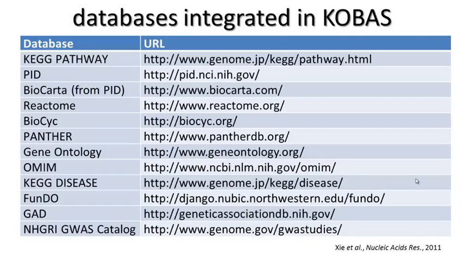It incorporated data from not only KEGG, but also PID, BioCarta, Reactome, BioCyc, Panther, and Gene Ontology. It also incorporated data from several gene-disease association databases, such as OMIM, KEGG Disease, FunDO, GAD, and NHGRI GWAS Catalog. So you can find out which diseases are most relevant among your set of query genes.